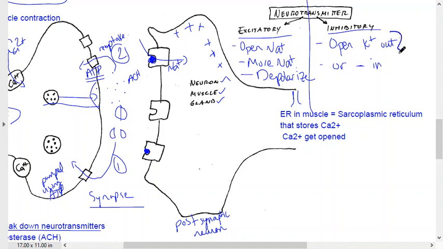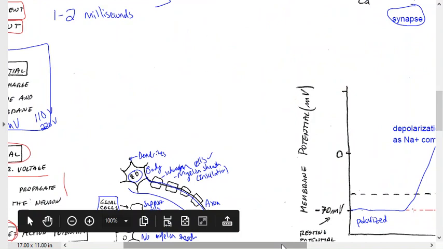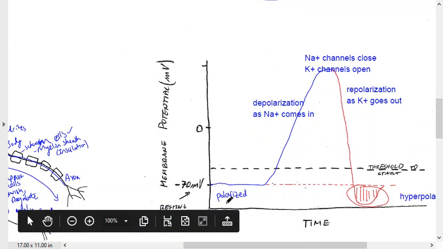In either case, you are making the interior of the cell more negative, right? It's already negative 70 millivolts. So if you make the inside of the cell more negative, then you prevent the cell from ever firing.